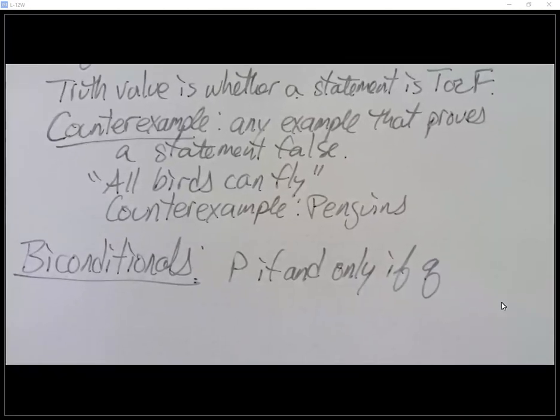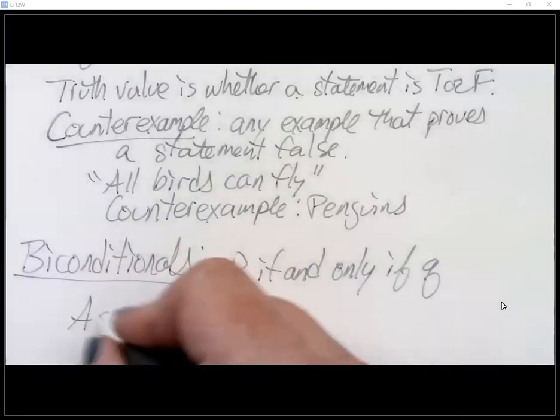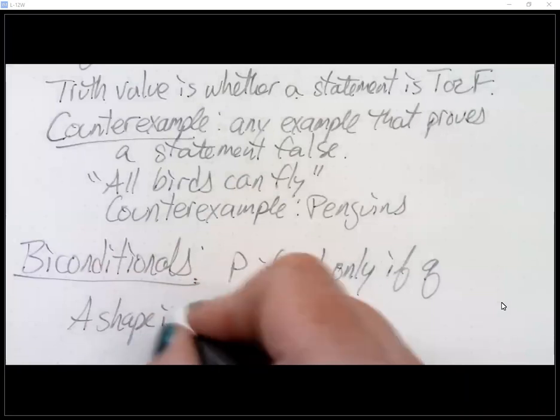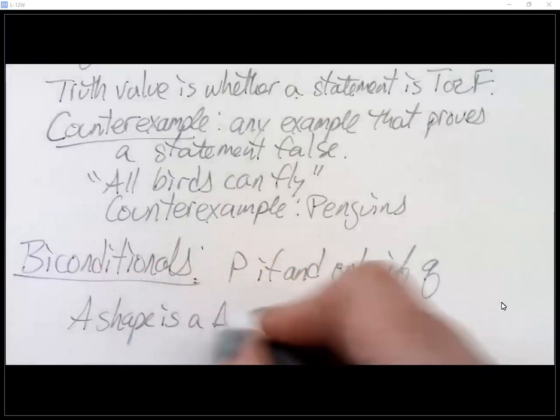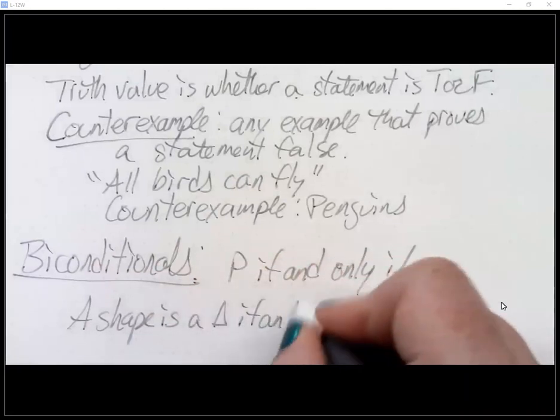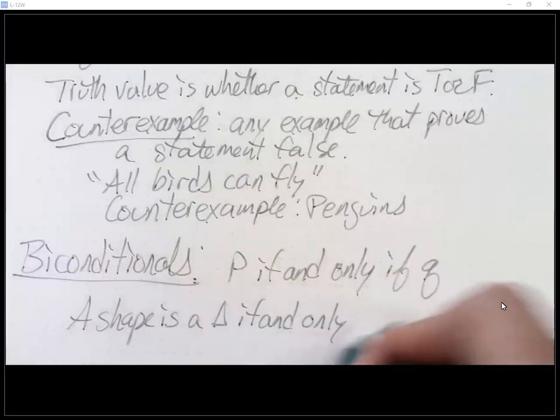So let me give you an example of a true one because you can make plenty of false ones. Let's do: a shape is a triangle if and only if it has three sides.